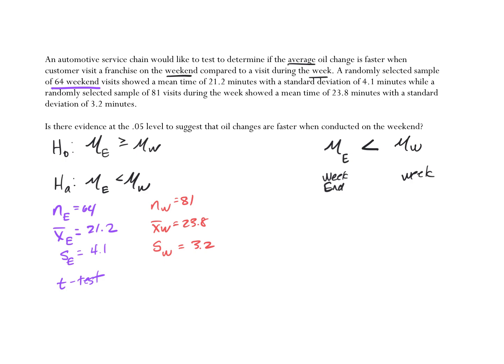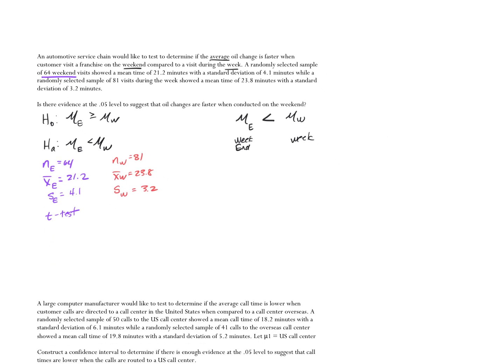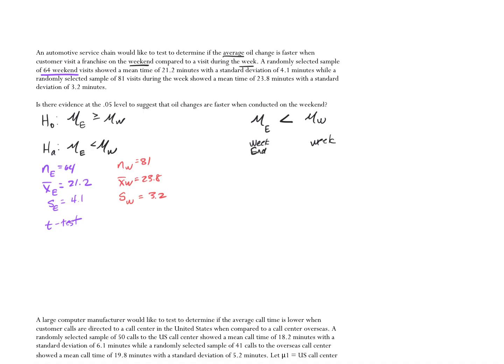All right, so knowing this, what am I going to pick in my calculator? Say that again? The two sample t-test. The way I know it's two sample, how many means do I have in my hypothesis? 2. Okay?